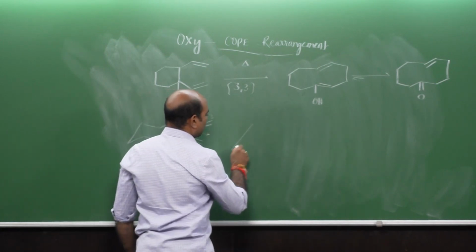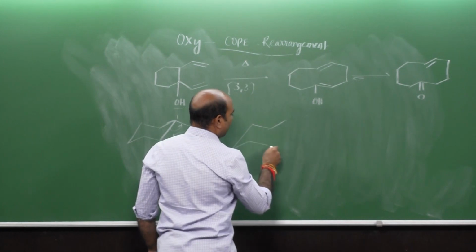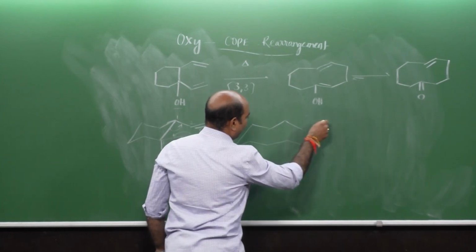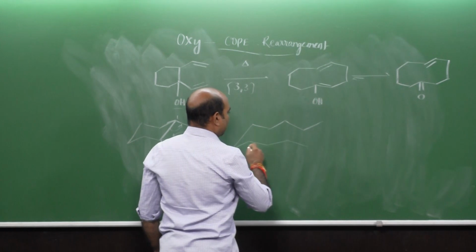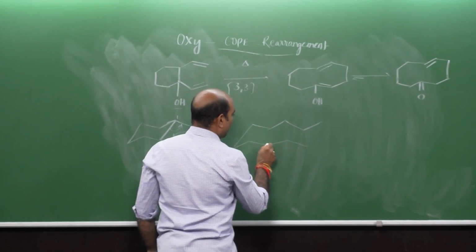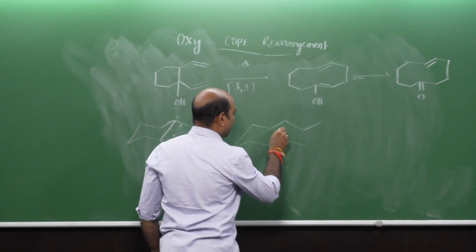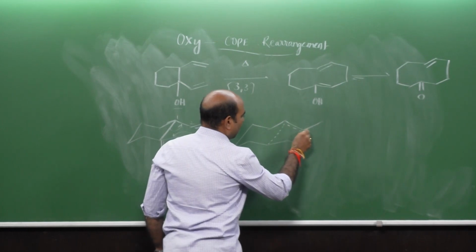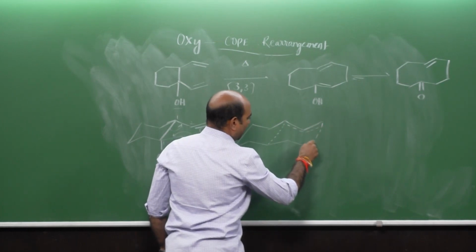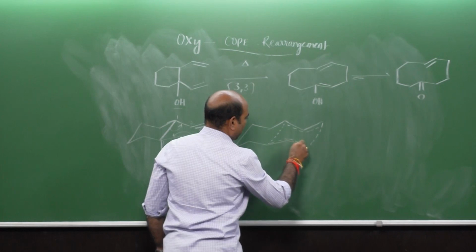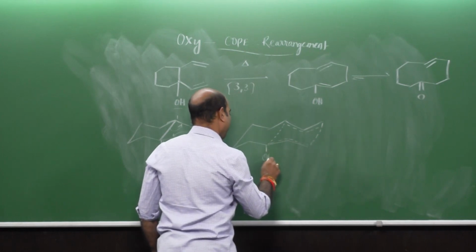In the cyclic transition state, what you can see is, the sigma bond over here is slowly breaking, and then a sigma bond here is slowly forming.